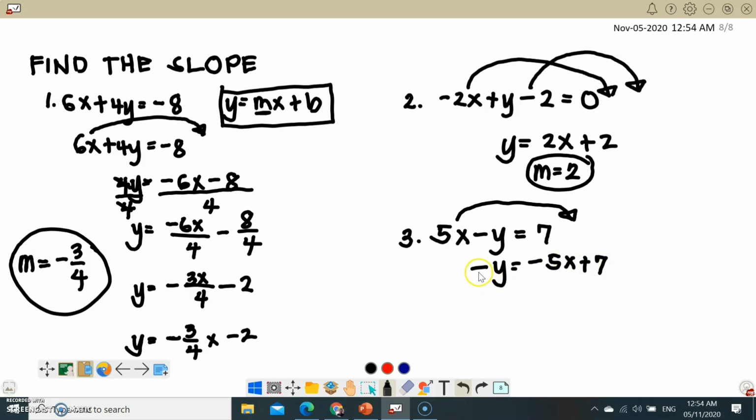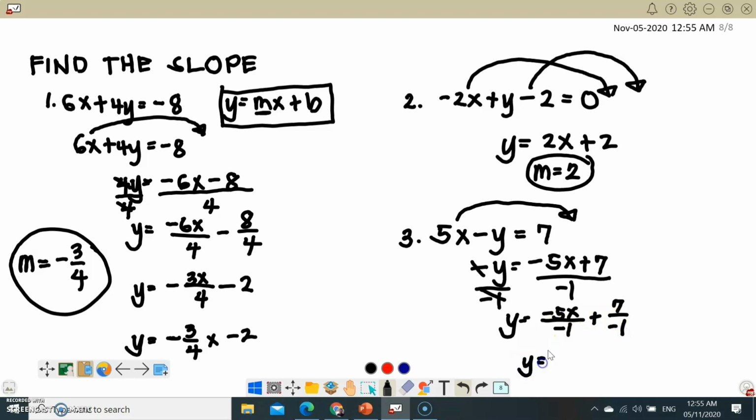So y here is negative, but on the formula it says y should be positive. How are we going to remove the negative here? So we're going to divide both sides of the equation by negative 1. So cancel negative and negative 1. y is equal to negative 5x over negative 1 plus 7 over negative 1.